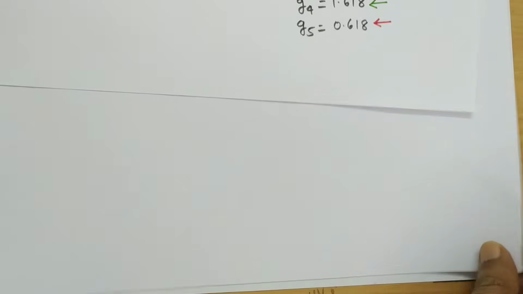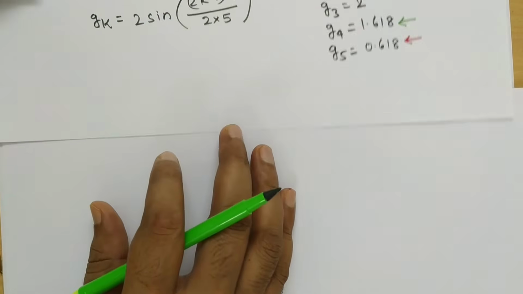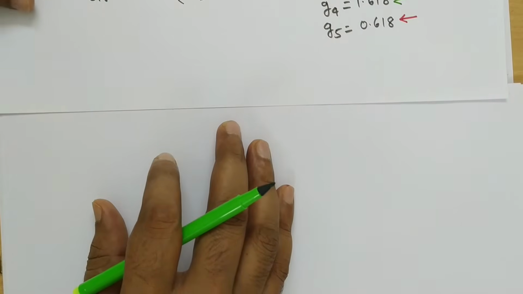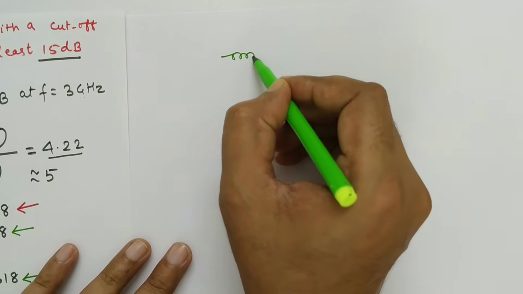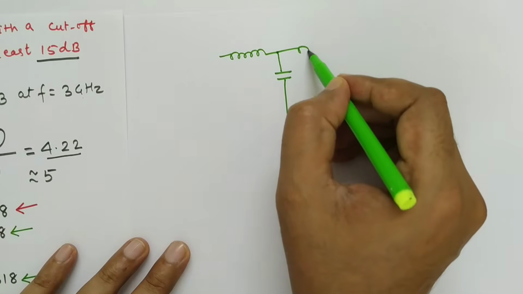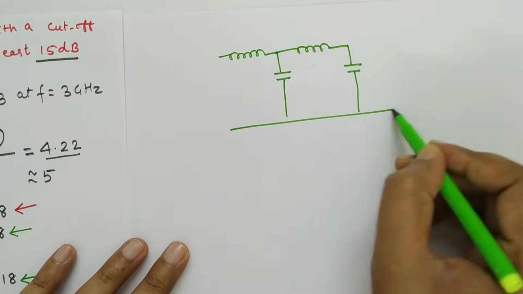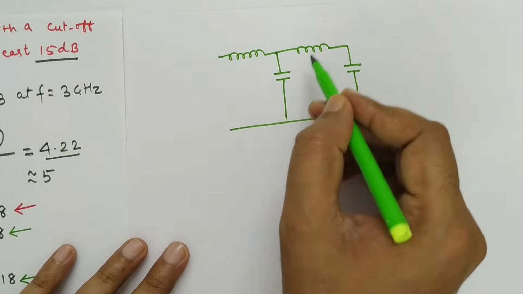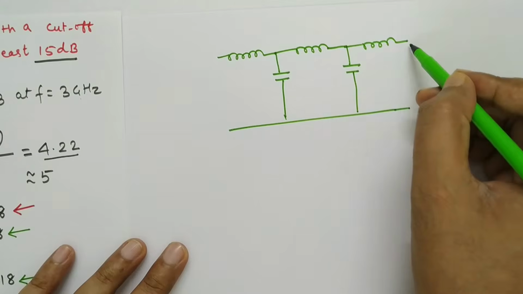For frequency and impedance scaling, first of all we have to fix the prototype of the filter. So let us take the prototype of the filter with the first element inductive, then capacitive, inductive, capacitive. So this is 1, 2, 3, 4, and one more element we have to write.